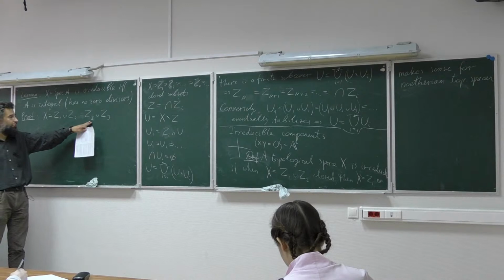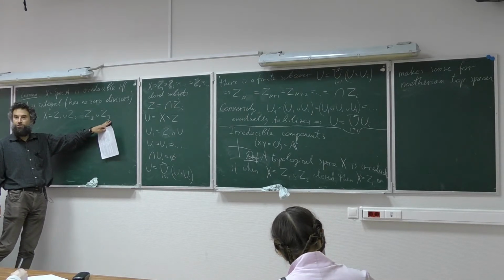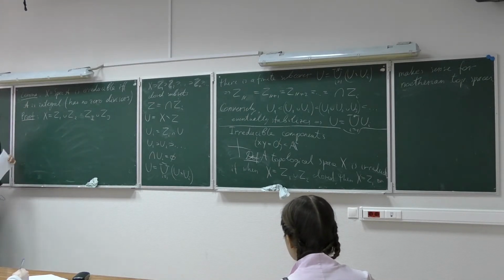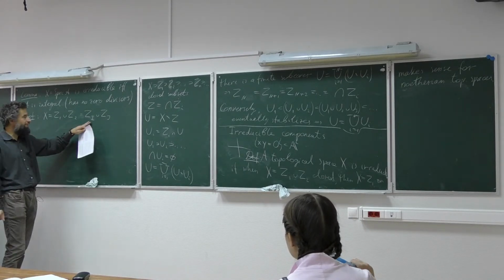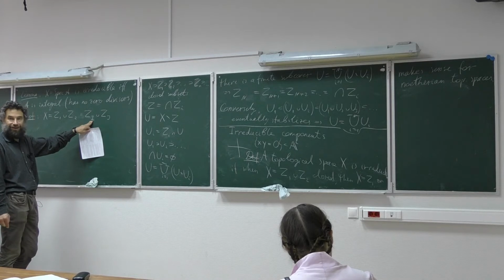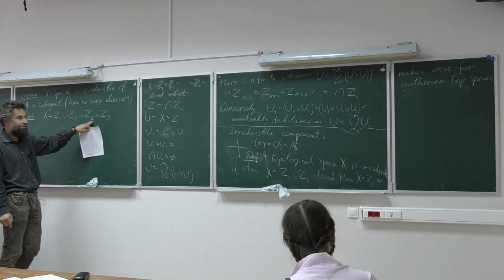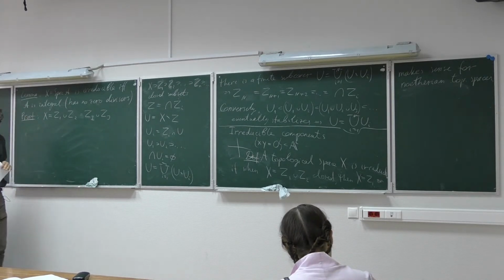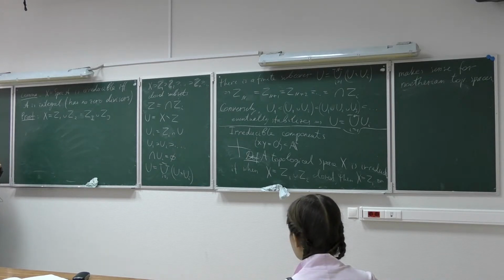These are zeros of ideal I, these are zeros of ideal J. So at any point, either a function from I vanishes or a function from J vanishes. What does it say about the ideals I and J?